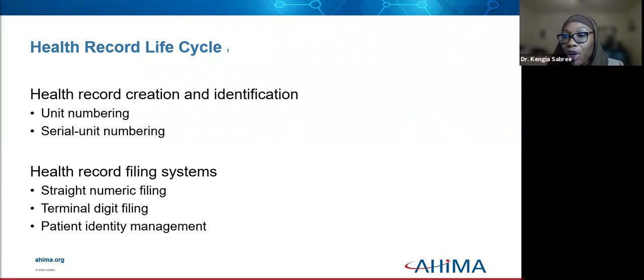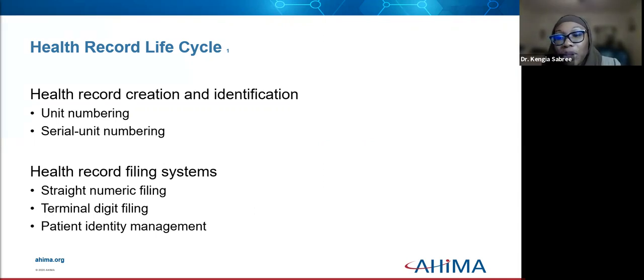In a straight numeric filing system, records are filed in numerical order according to the number assigned. The shortcoming of straight numerical filing is that most of the file activity is where the most recent numbers have been assigned, since records with recent hospitalizations or visits are the ones in the most use.